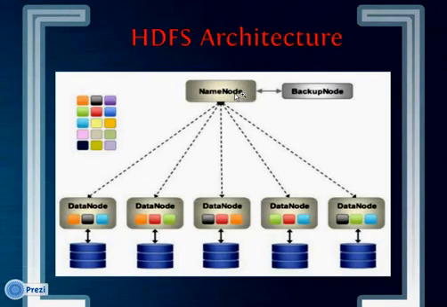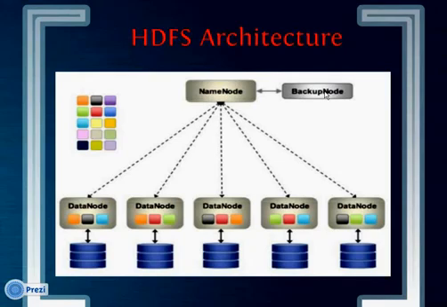So this is the name node, you can say this is my master machine. This is the backup node, because as the master machine is only one, we should have some backup as well. Just like in school, we have a vice principal, so that in case the principal is absent, there must be someone who can take care of the responsibilities. Similarly in Hadoop, we have a backup node which can take care of the responsibilities in case your master machine is down.